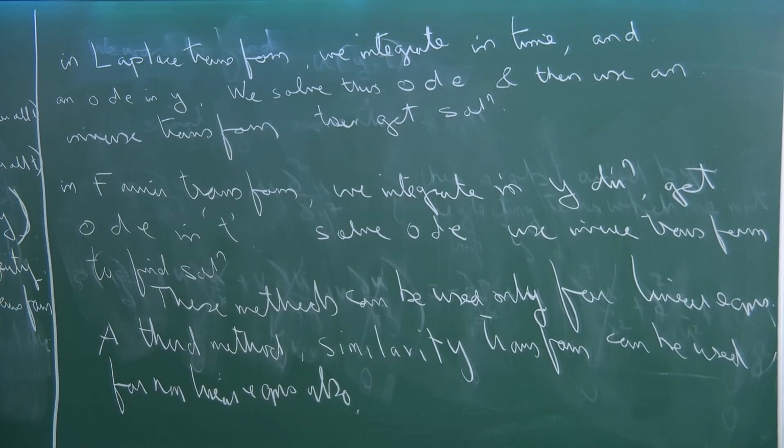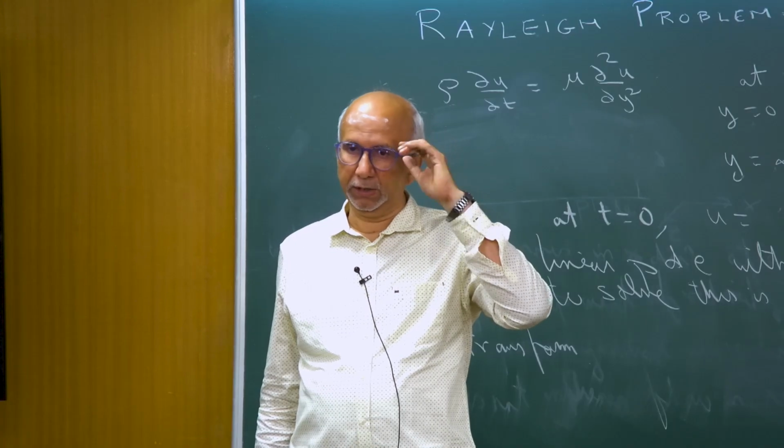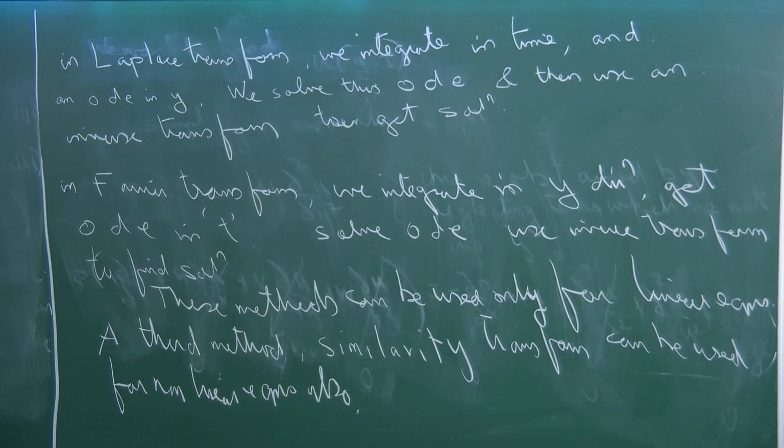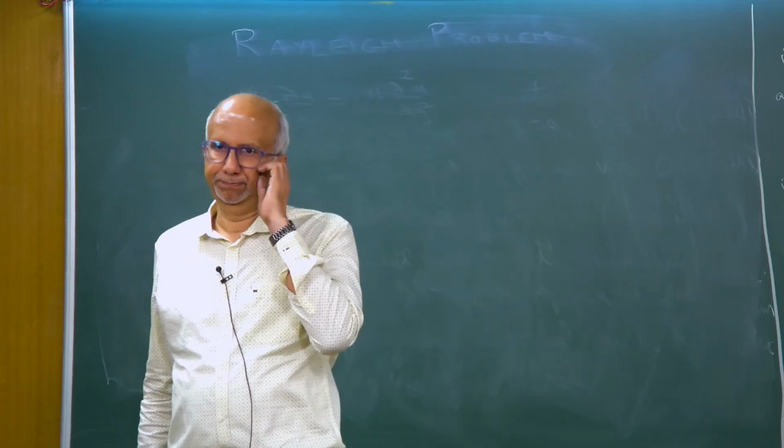So, that is the advantage of going for the similarity transformation, because if I have a non-linear equation I cannot use this. Now, it is not that you can always use similarity transformation, okay.